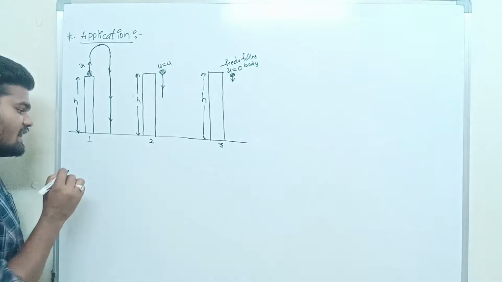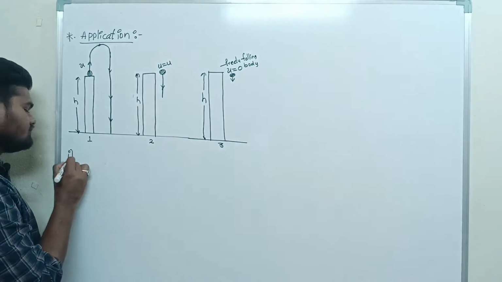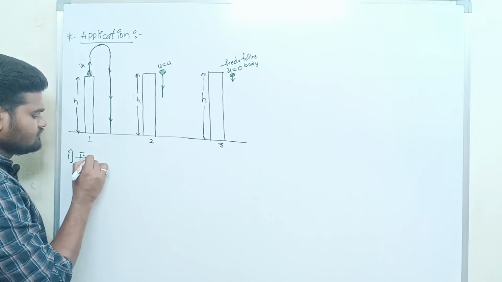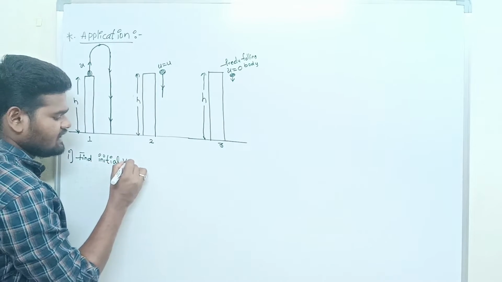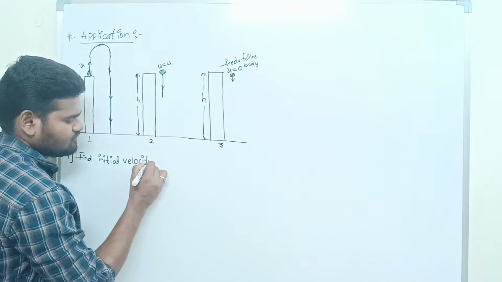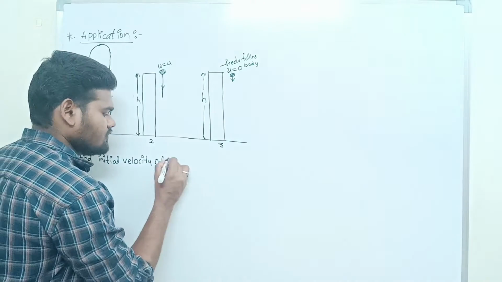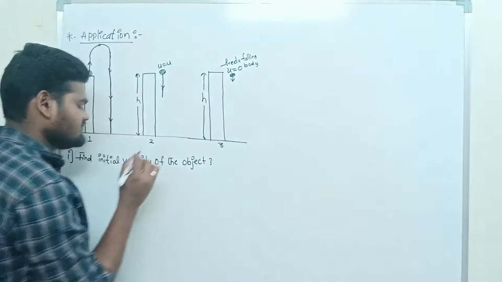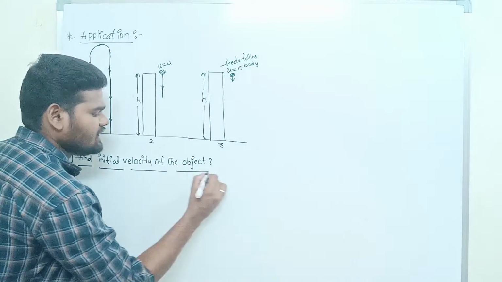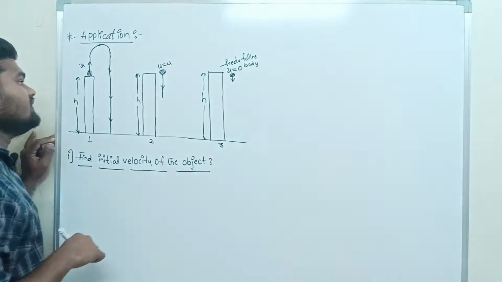So what they are asking first is: find the initial velocity of the object. This is the first question. Have a look.